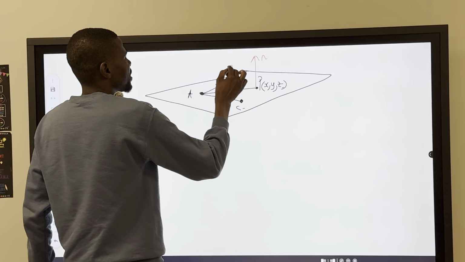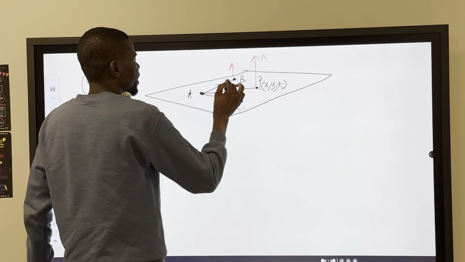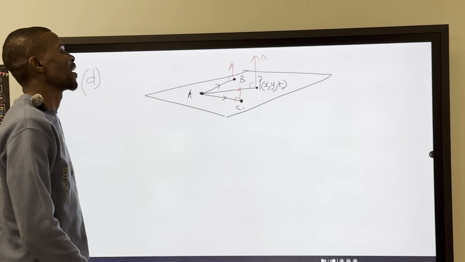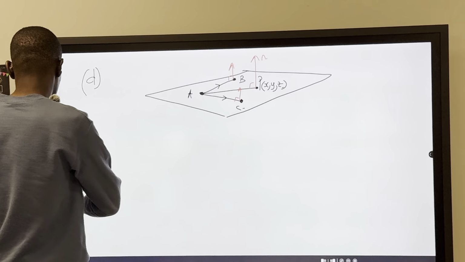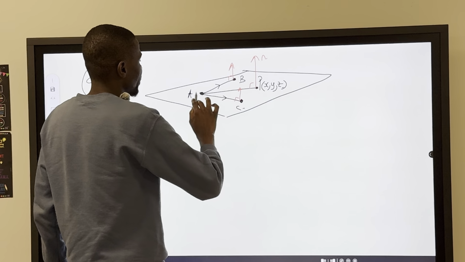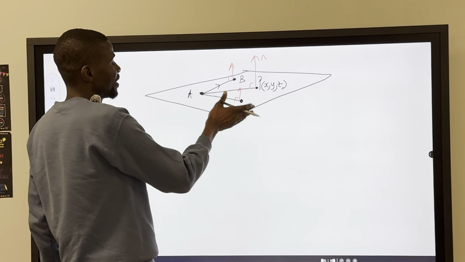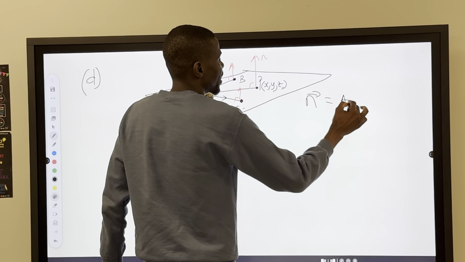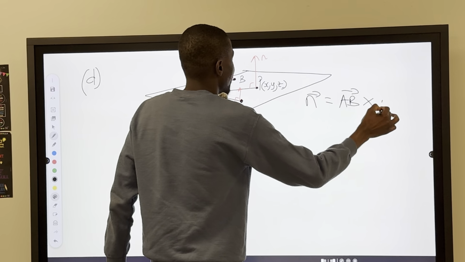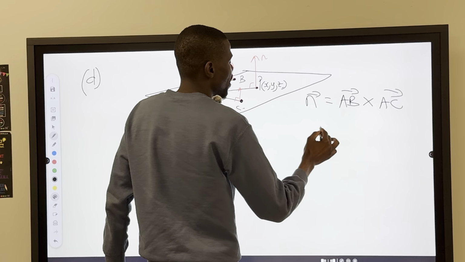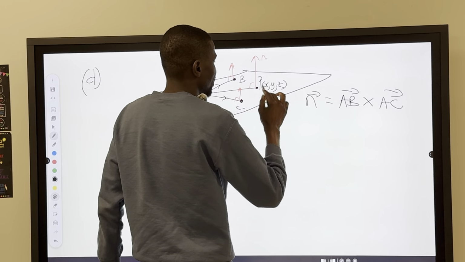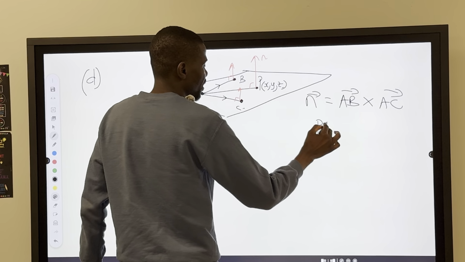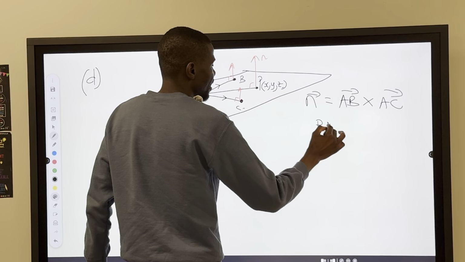Remember, the normal is just perpendicular to each line in the plane. We get our normal by taking the cross product of AB and AC. Then when we have our normal, we take this point P and calculate vector AP or PA.